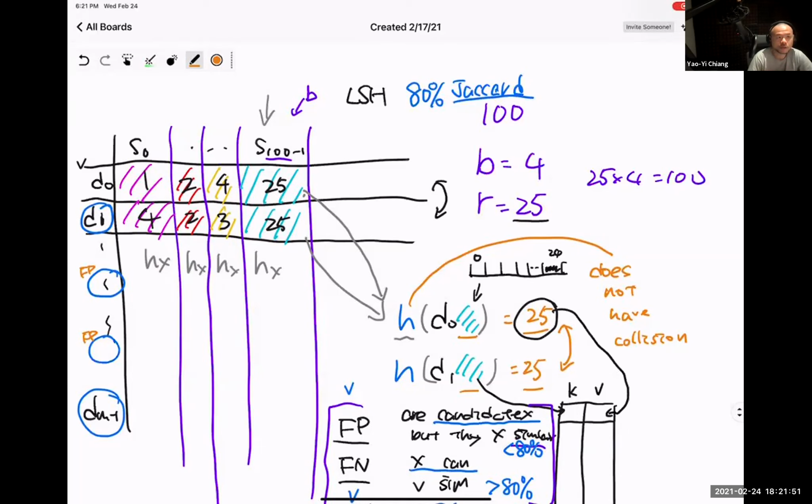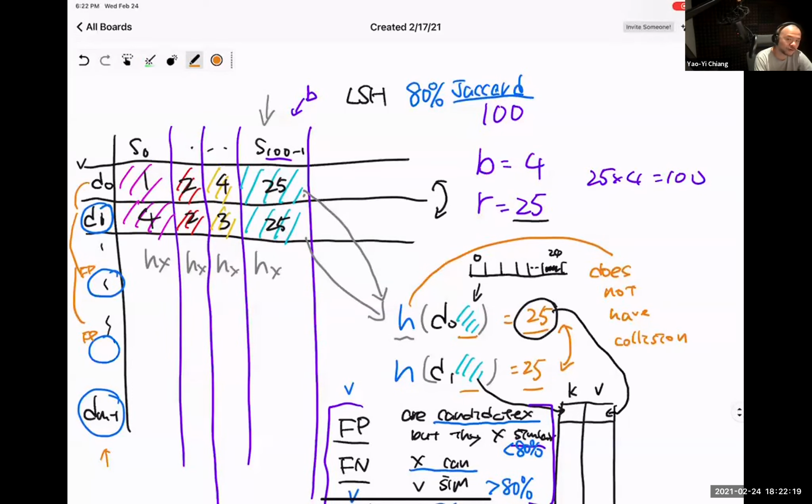Well, assuming your LSH is working very well, that means you are going to have a small set of candidates. Your goal is to remove as many documents as possible so you don't have to compare them. So if you have false positives, now you have a small set of candidates, you can actually just compare D0 to every candidate.